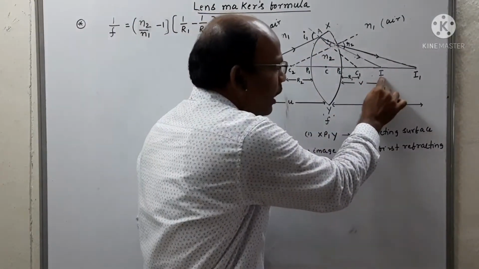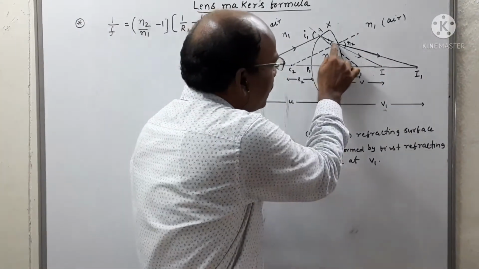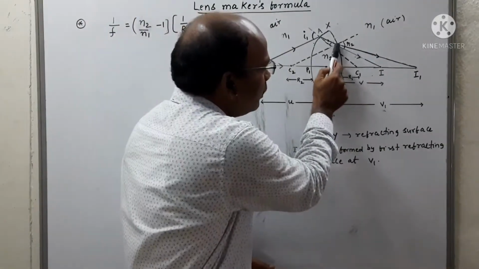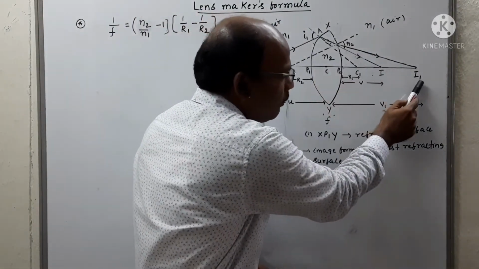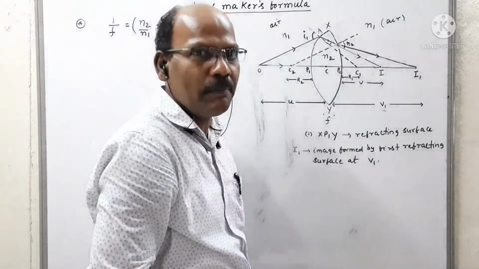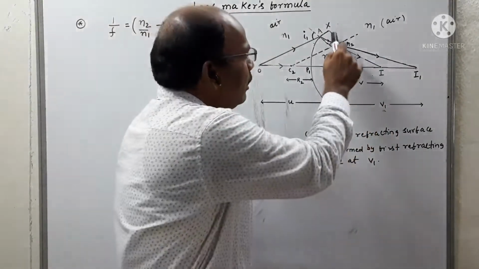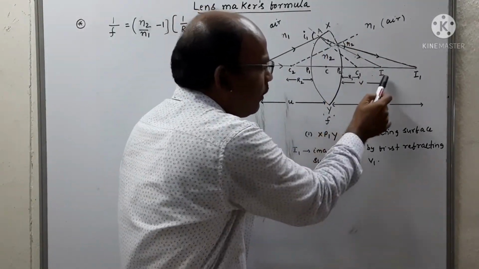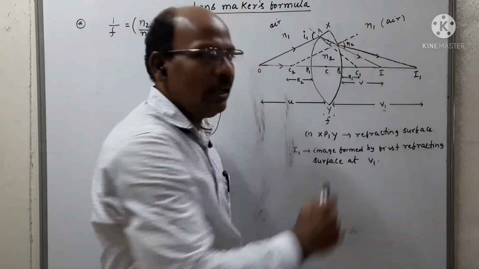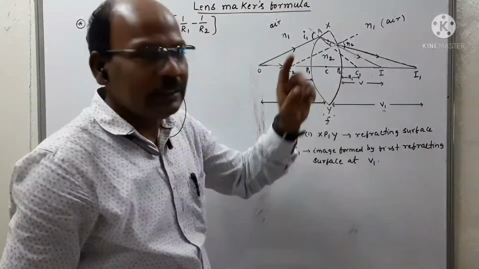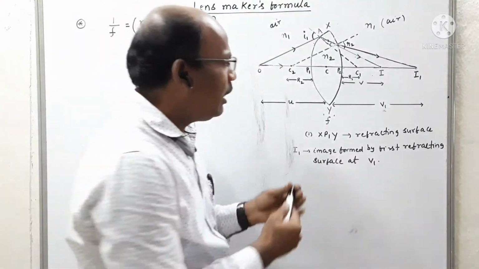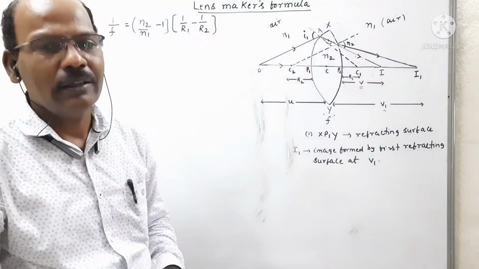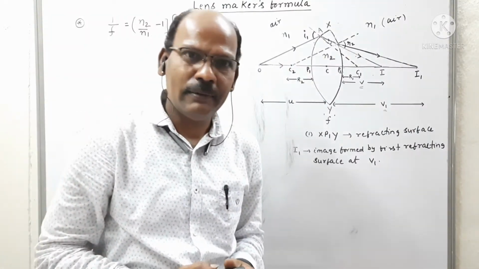At point I, which is represented like this. So this is the refracted ray of the virtual object I1 that strikes on the second refracting surface XP2Y and forms the final real image by the second refracting surface at a distance which is equal to V. Clear?